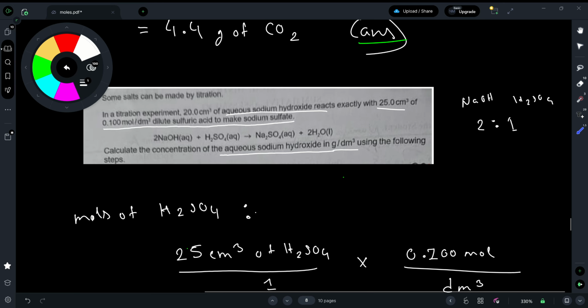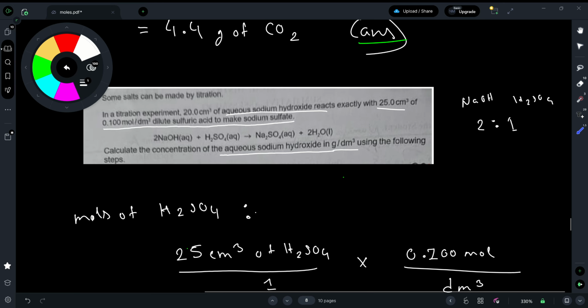Now, the question asked us to give our answer in grams per dm³. So we have to convert the top to grams, and the bottom to dm³. So how do we do that?